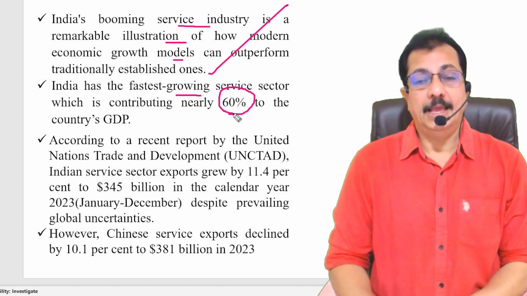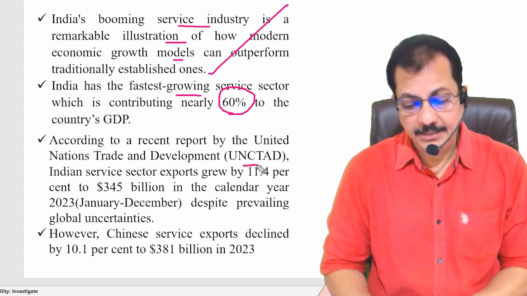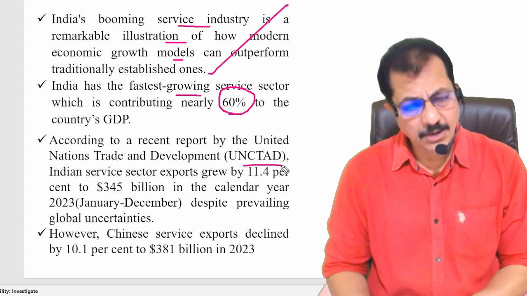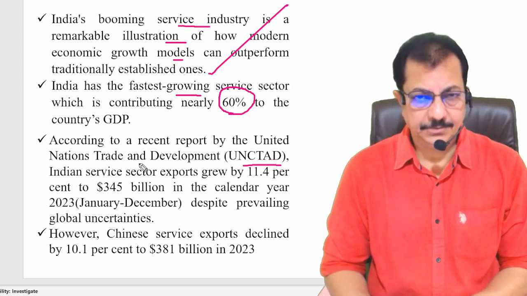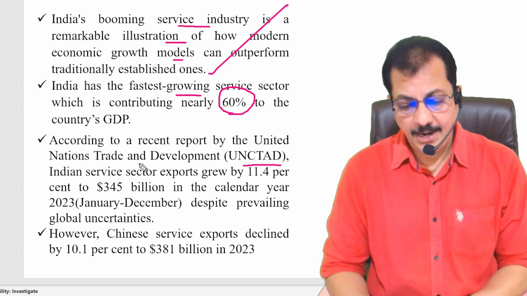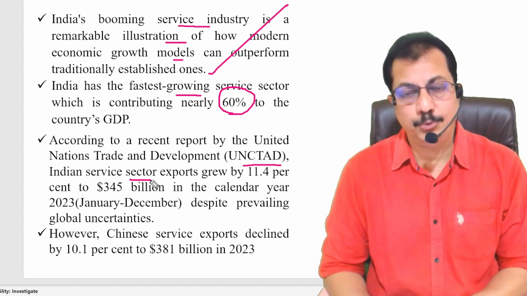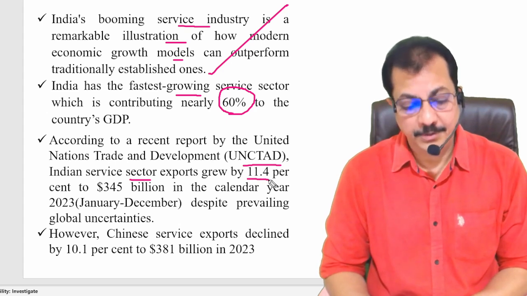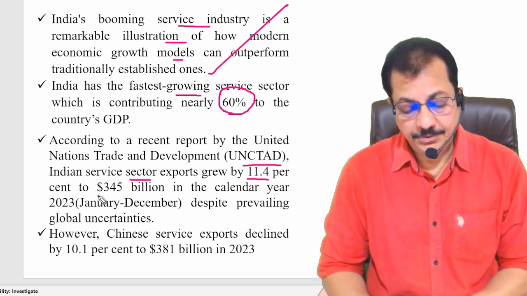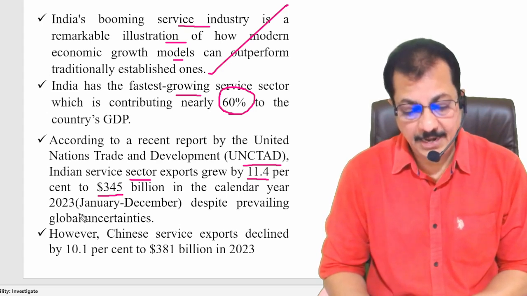Another very important point, according to an international organization called the United Nations Trade and Development, Indian service sector exports grew by 11.4% to $345 billion in the calendar year of 2023.